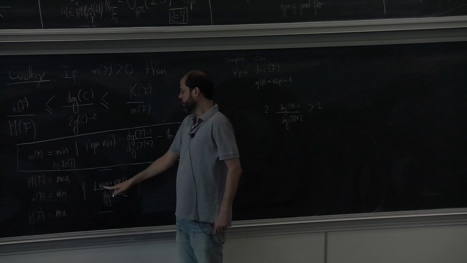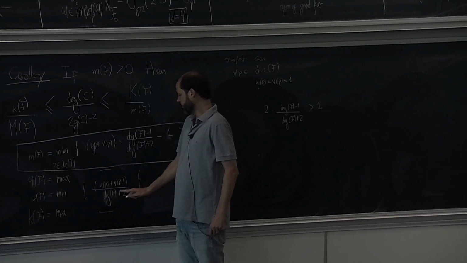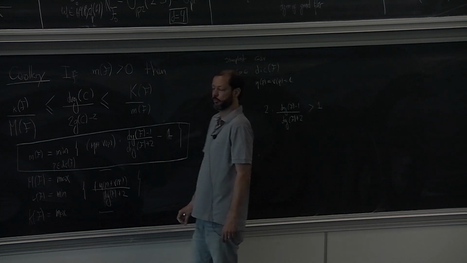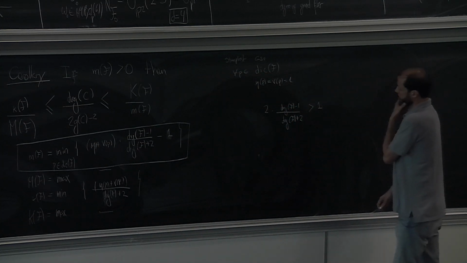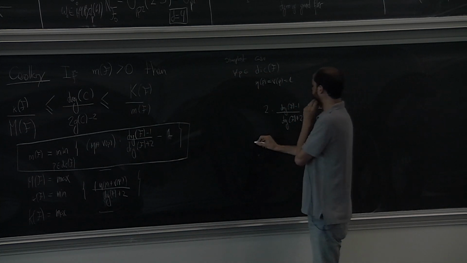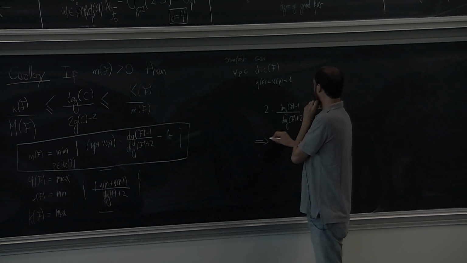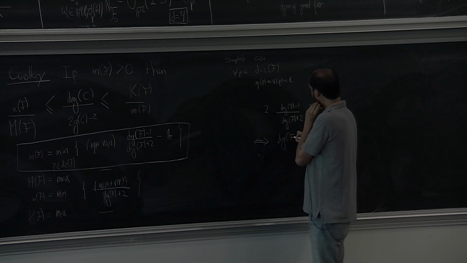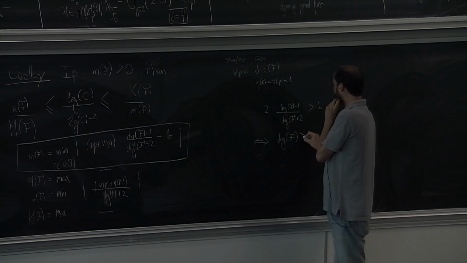K is nu p plus mu p divided by degree of f plus 2. See, so this holds if and only if degree of f is greater than 4.